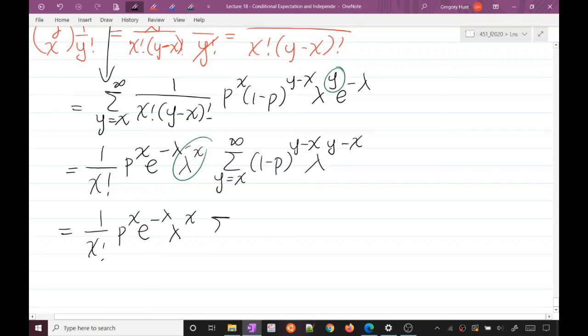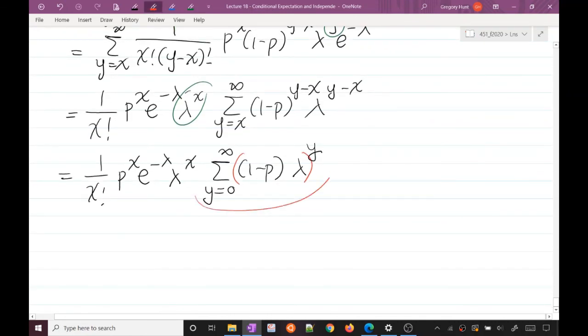And I'll restart my sum from 0 to infinity, 1 minus p to the y, because I increased that by x, lambda to the y. And I can actually group these together, right? I could just say it's 1 minus p times lambda to the y. This we can recognize as e to the lambda times 1 minus p.